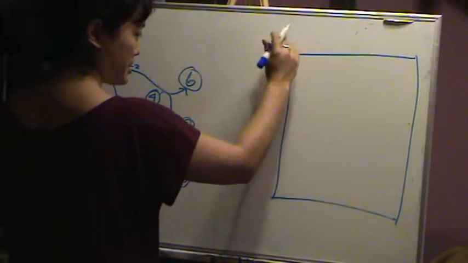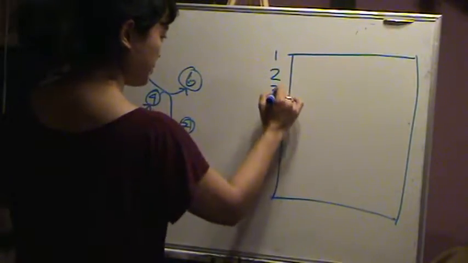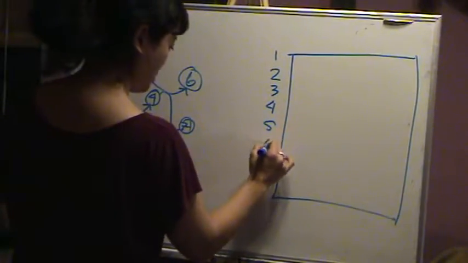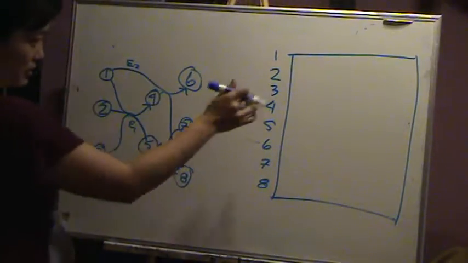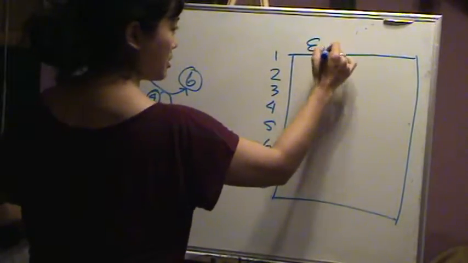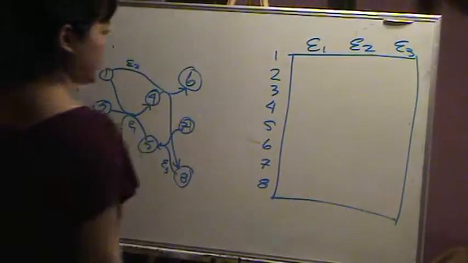We still have the vertices listed on the left, and we have our edges across: E1, E2, E3.